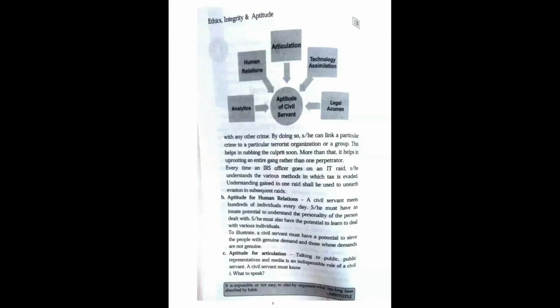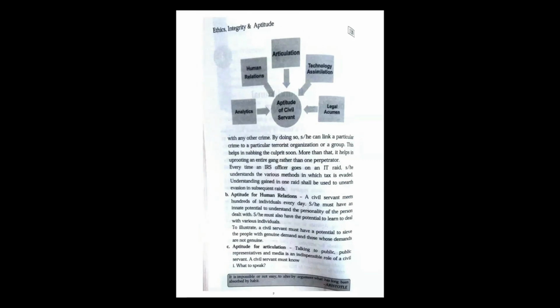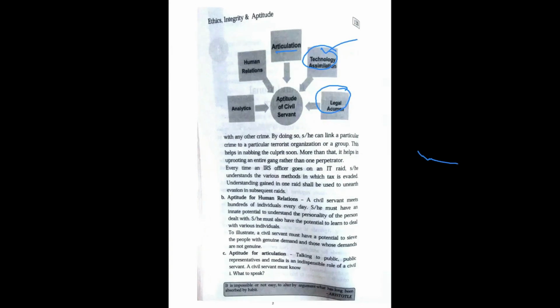Okay, aptitude of civil servant है क्या? Articulation, technology assimilation, because today we are into the technological world. Previously it was not there, but today it is there. Legal acumen, आपको legality के बारे में how much you know, how much knowledge you have about legal things.